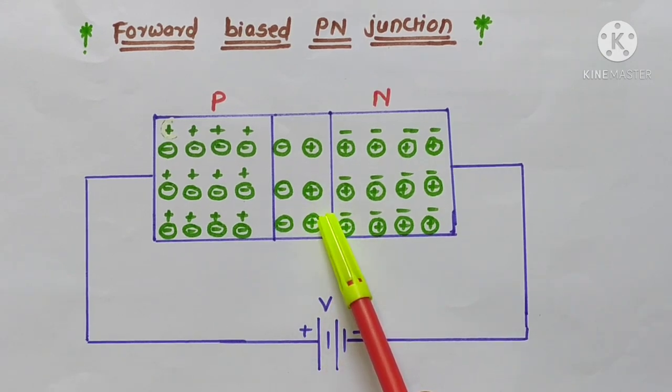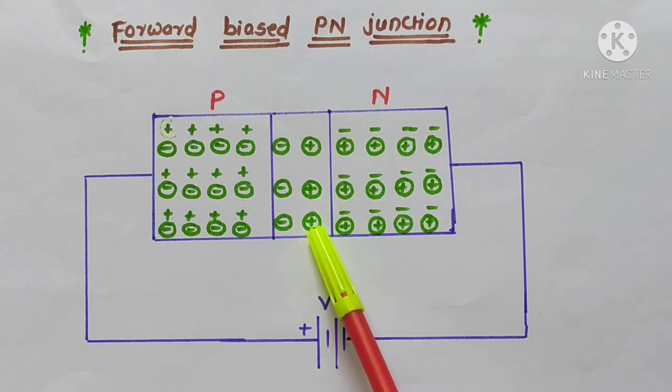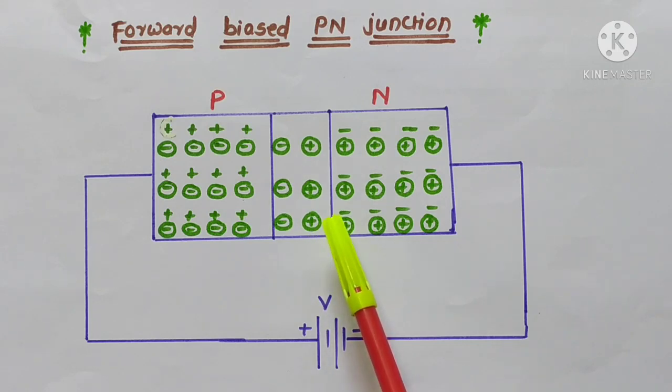And if the resistance is negligible, there is a possibility of flow of maximum current in the circuit. For example, for a silicon crystal, if the applied external voltage is more than 0.7 volt, the resistance offered by the depletion region will be negligible.